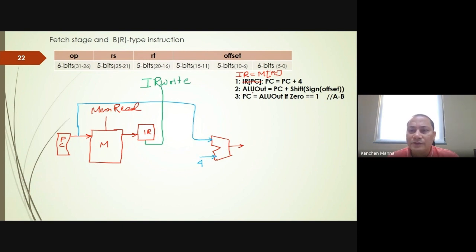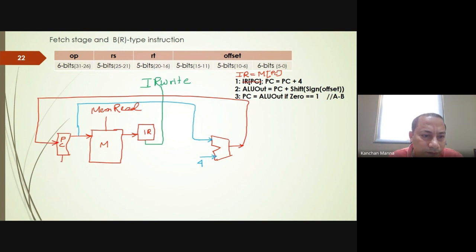Why? Because if we hold that value also in the ALU out register, then one clock cycle delay would be added. Because of that, we are not storing that in the ALU out register. So we are directly giving it to the PC. And to load that value into the PC, we have the PC write signal.